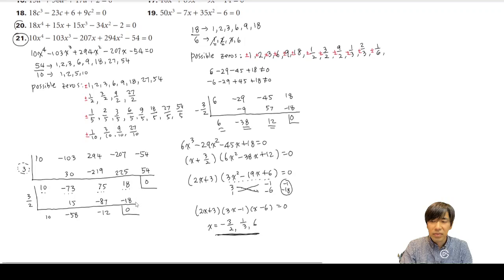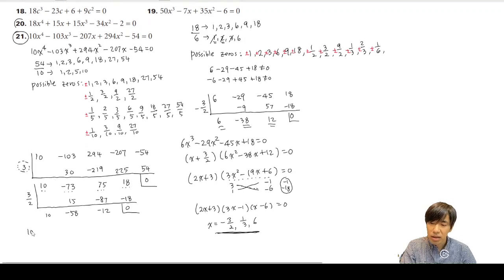So this expression, 10x to the fourth minus 103x cubed plus 294x squared minus 207x minus 54 can be factored as (x minus 3)(x minus 3 over 2)(10x squared minus 58x minus 12) is equal to 0.